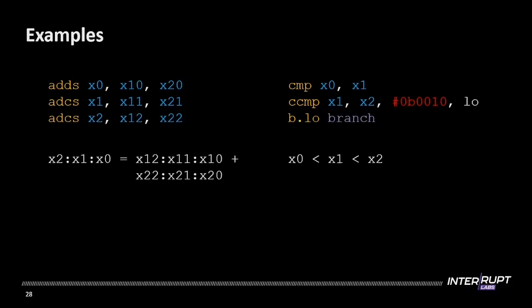So if x0 is lower than x1, it compares x1 to x2. Otherwise, it makes it so only the carry flag is set. And then there's a branch if lower. Since this is only taken when the carry flag is cleared, it will only occur if x0 is less than x1 and x1 is less than x2.